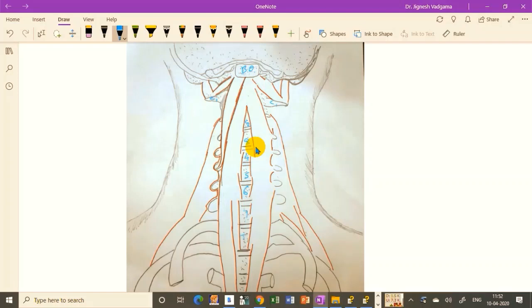This is T1 and this is T2, and this is the first rib and this is the second rib. So now this whole group of muscle is nothing but the longus cervicis muscle, or the longus colli muscle. This muscle is the longus colli. It reaches up to the C2.